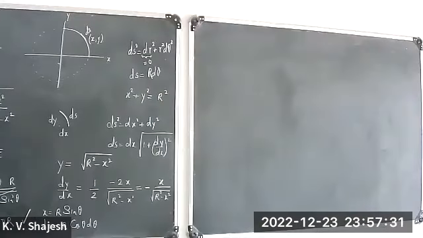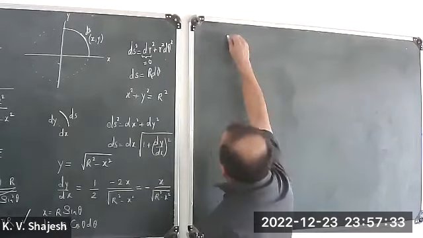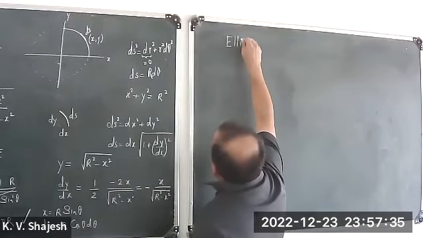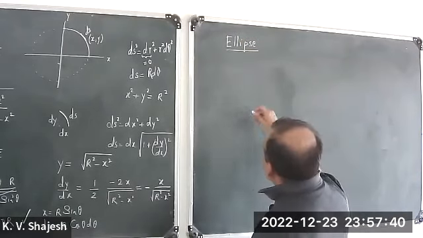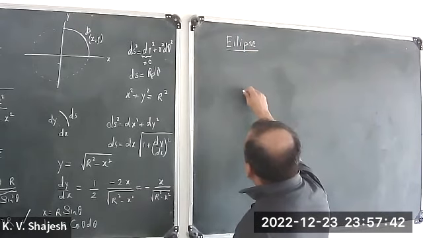Okay, so now we say an ellipse. Now we will define, let's say there are 2 points.